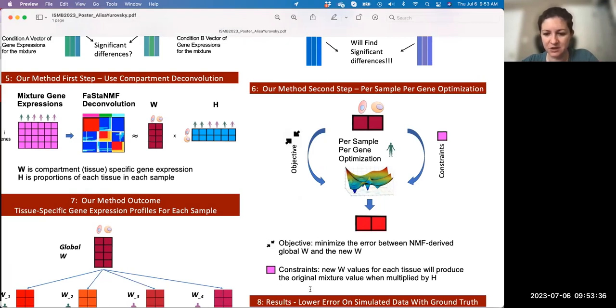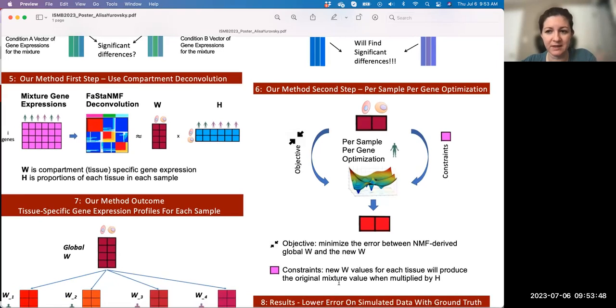And then, of course, the constraint, that's a hard constraint, is that the new W values for each tissue will produce the original mixture values for that patient when multiplied by the H proportions.